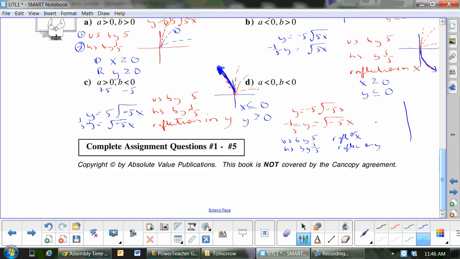Okay, so we draw it. Here's the original, vertical stretch by 5, horizontal by 1/5, reflection on X, and reflection on Y. This will be my final right here. Okay, domain, X is less than or equal to 0, range, Y is less than or equal to 0.